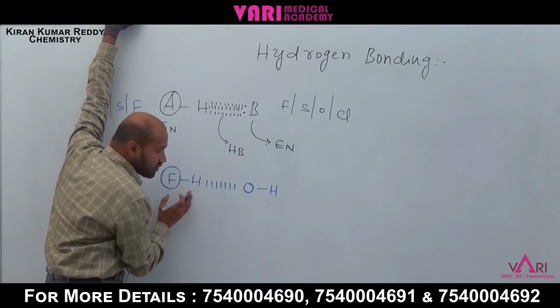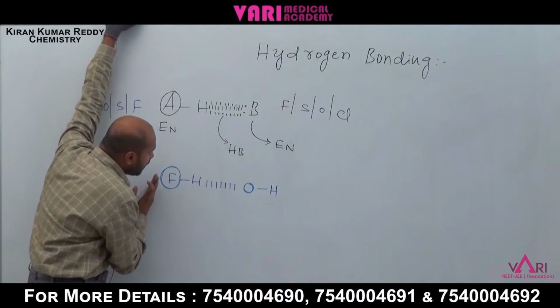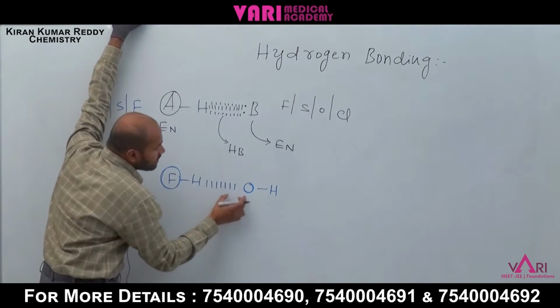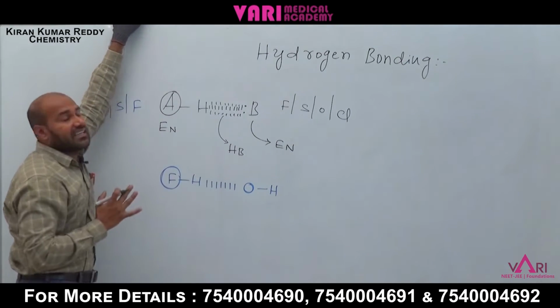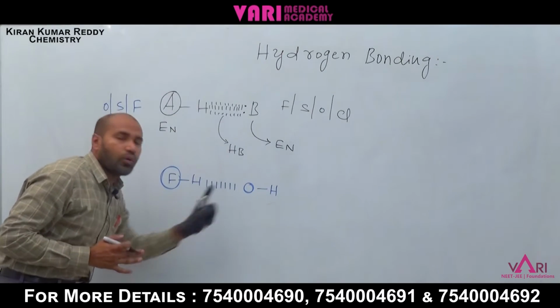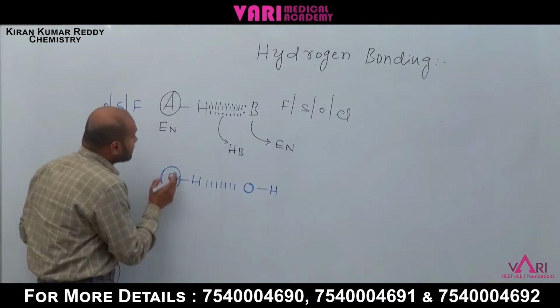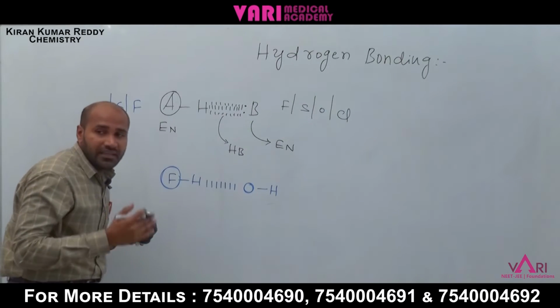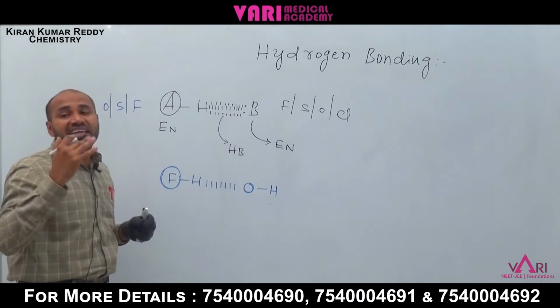Fluorine is the most electronegative in the periodic table. That's why this bond strength increases, F-H...O. Always, as the electronegativity of A atom increases, the bond strength increases.